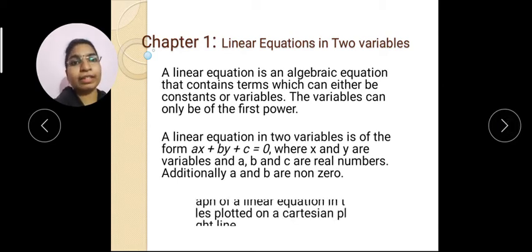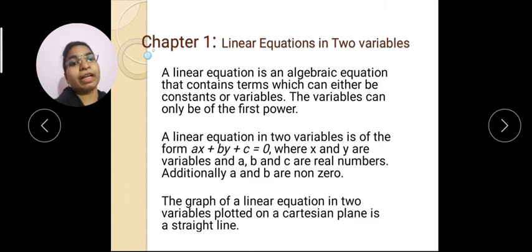Now one additional thing I want to explain to you is that when you are plotting this linear equation on a graph, it will always come as a straight line. Because if you observe the name, linear means line. So when you are plotting on the graph, it will come as a straight line. Okay friends, so these are the important and basic things about the linear equation.